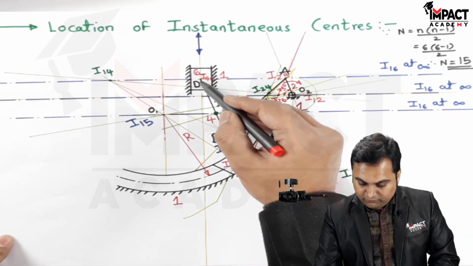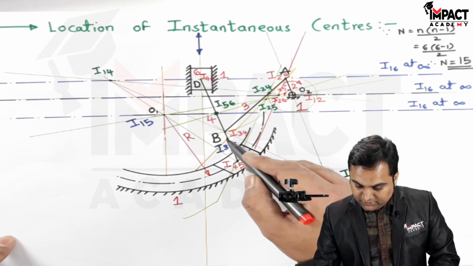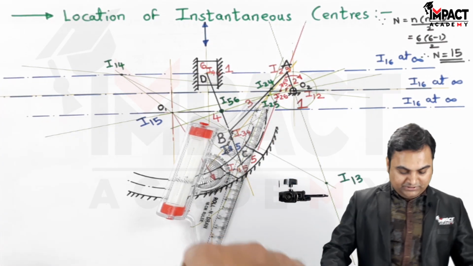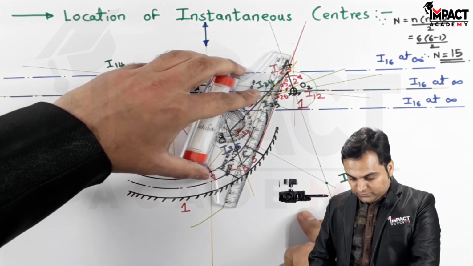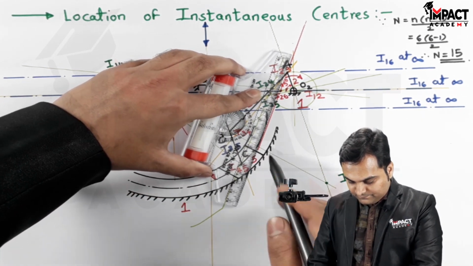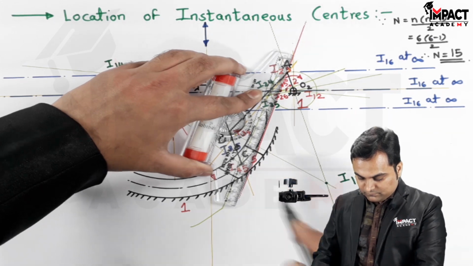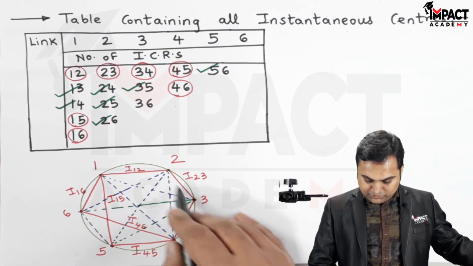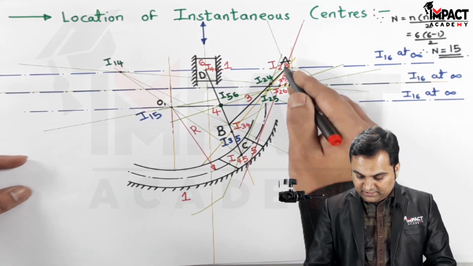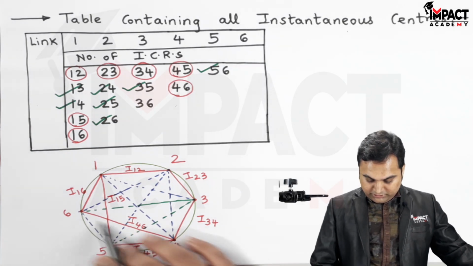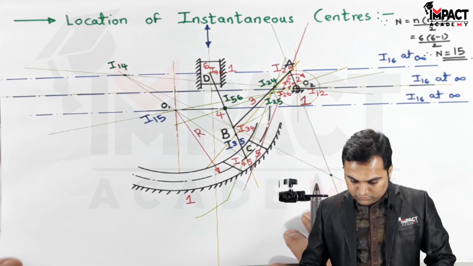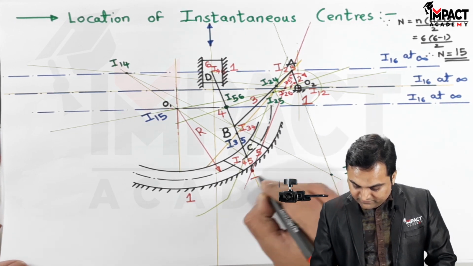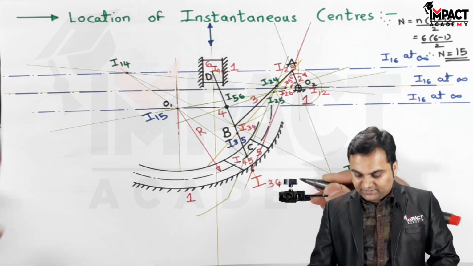So here we have 4 6 and 3 4 on this connecting rod, so it will be projected lightly. So I would be projecting this line downward so that it intersects the line connecting 2 6 and 2 3. 2 6 and 2 3 has been projected to cut 4 6 and 3 4, and here is the intersection point that gives me the final ICR, which is I36.